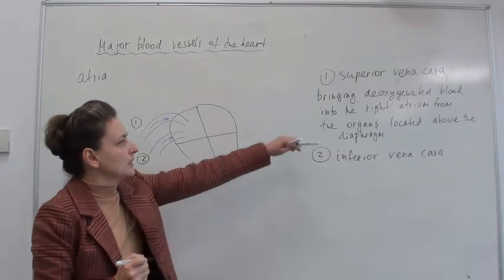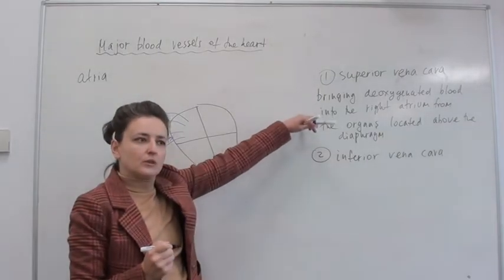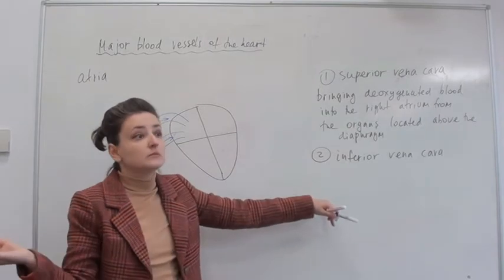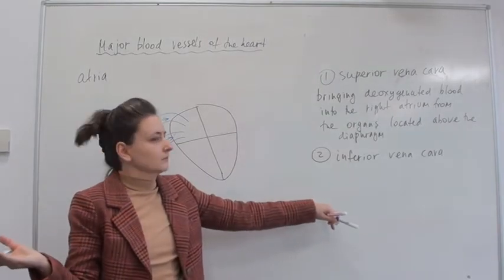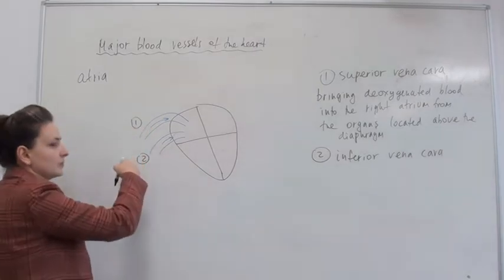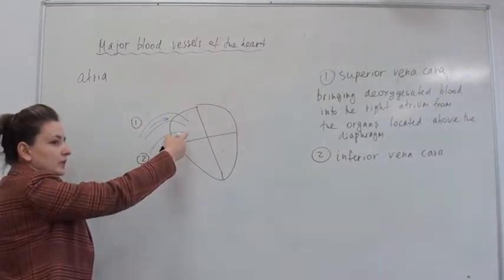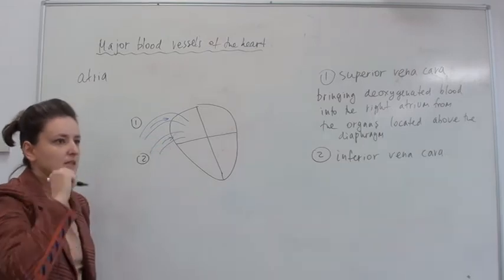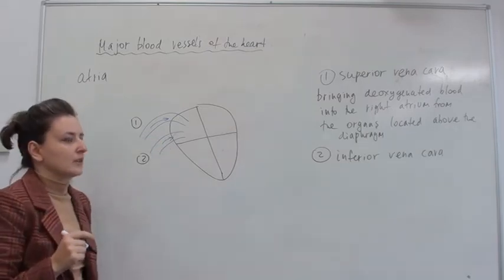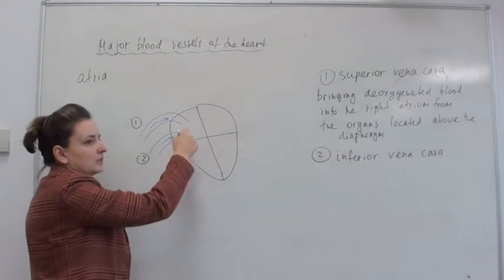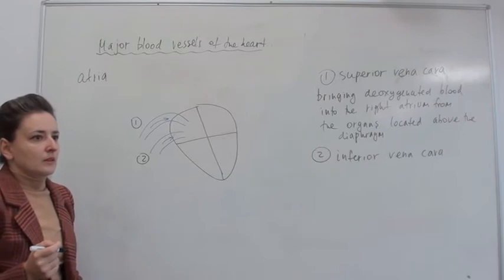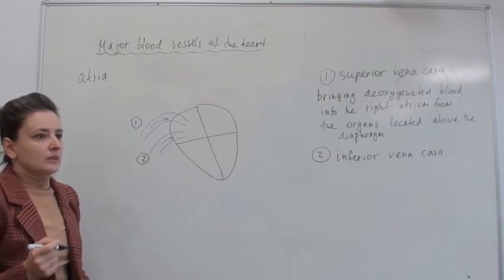Right, where do you think that vena cava is going to be bringing blood from? So this one was bringing blood from the organs above your diaphragm, therefore inferior is going to be from below. We're still bringing blood from the rest of the body, right? So have a look at the systemic circulation drawing. So everything coming into right atrium comes from the rest of your body. Can you see that? Yeah?